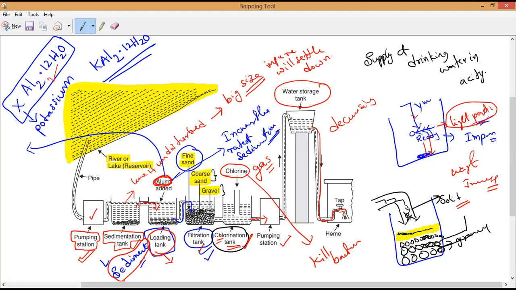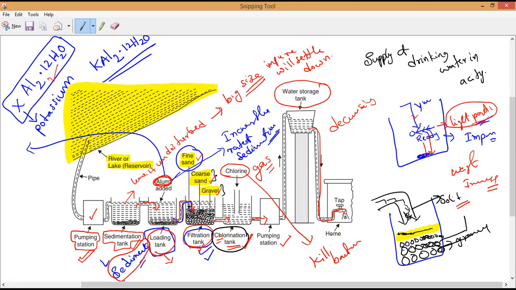Now, still some more minute impure particles will be there, along with the bacteria and all. They will pass through the filtration tank, which has 3 different layers of fine sand, coarse sand and gravel, so that all the solid impurities will be filtered here. Now, from the bottom of this filtration tank, the water will pass to the chlorination tank.